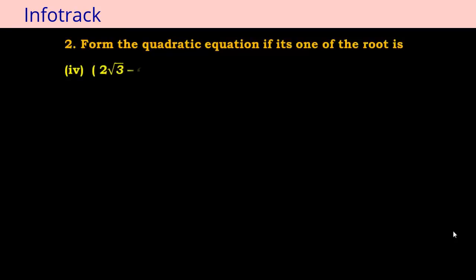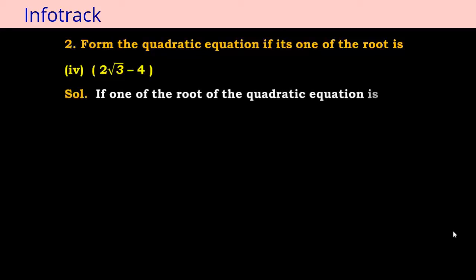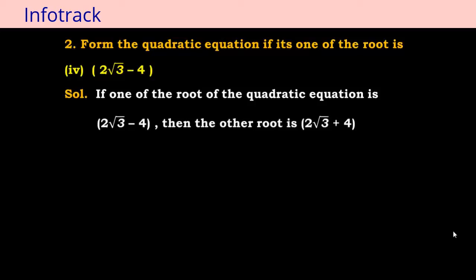See, one root of the quadratic equation is 2 root 3 minus 4. So we can write, if one of the roots of the quadratic equation is 2 root 3 minus 4, then the other root is 2 root 3 plus 4. Therefore, let alpha equal 2 root 3 minus 4 and beta equal 2 root 3 plus 4.